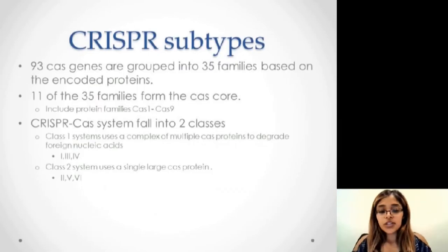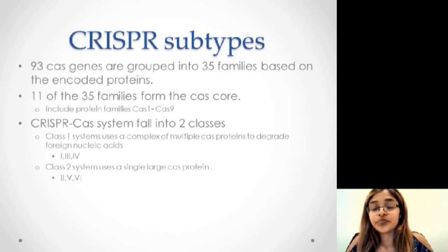So like I mentioned before, there are many Cas genes. There are 93 Cas genes, and these are grouped into 35 families based on the encoded proteins that they make. 11 of the 35 families form the Cas cores, which includes Cas1 to Cas9. And then the CRISPR-Cas system falls into two classes.